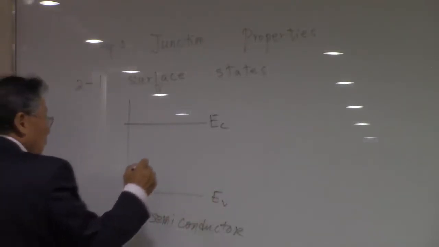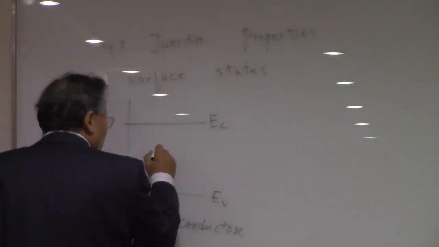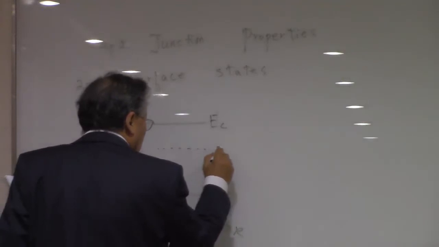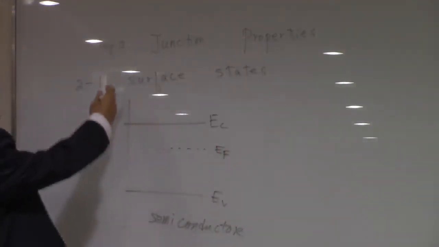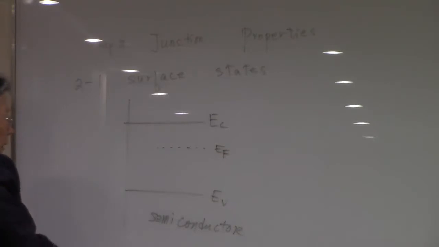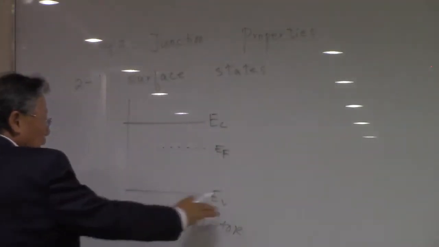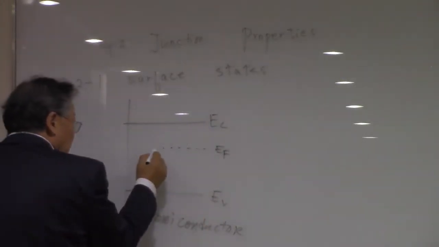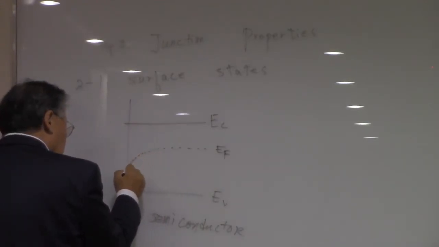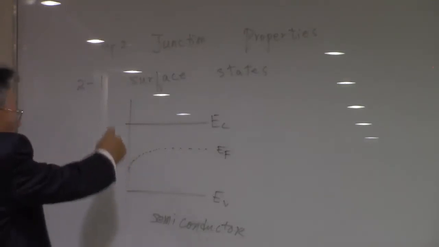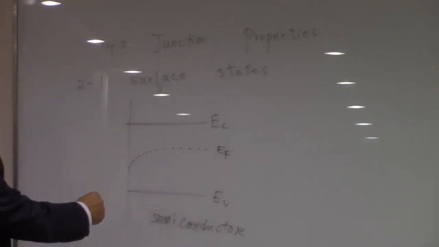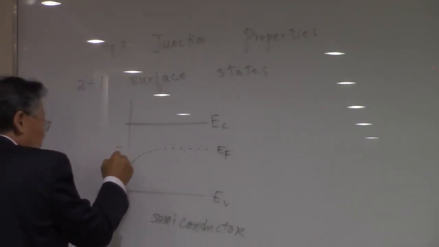And then in equilibrium, the Fermi energy is the same everywhere, right? But when we have a surface state, if we fix the conduction band and the valence band, then this Fermi energy should go down, far away from the conduction band, because of the surface states.